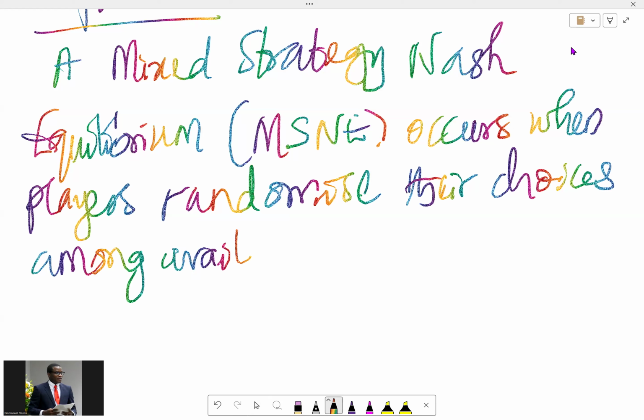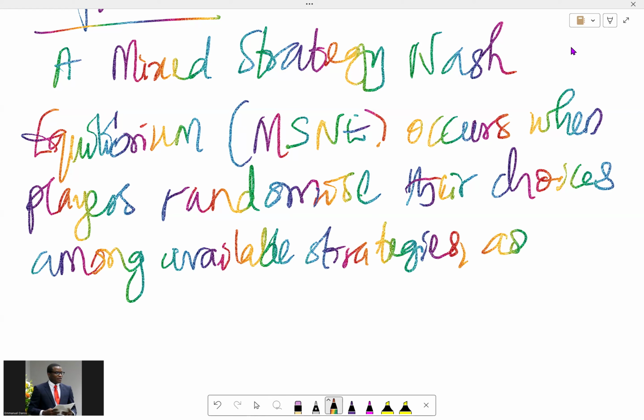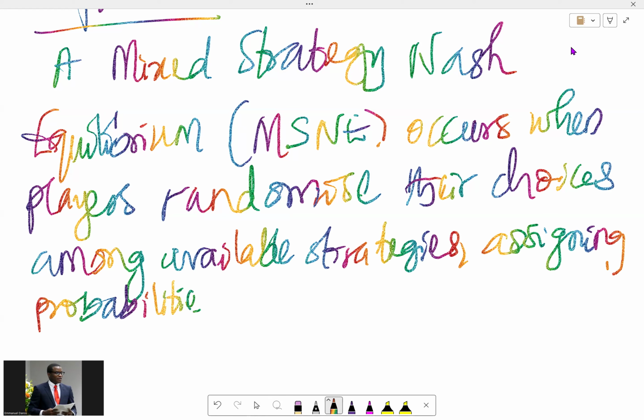So it means there's no fixed strategy. There's a set of strategies available that can be chosen from. So when players randomize their choices among available strategies, assigning probabilities to each action.